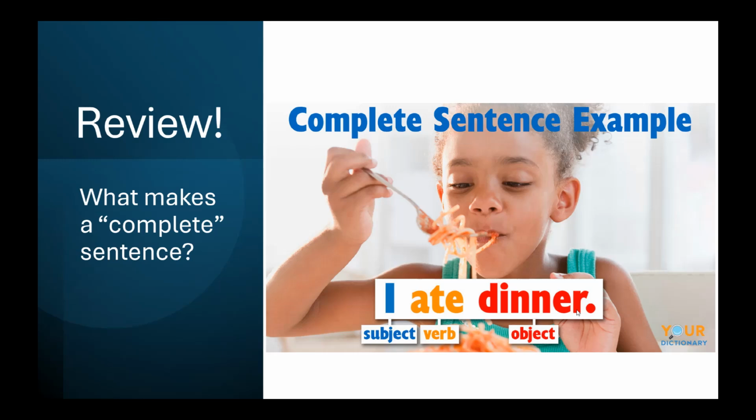Now, if you said a subject and a verb, you are correct, and often there is an object as well. And at this part in the lesson, I might stop to have you generate some of those while I write them on the board. That way we've got our functioning model in our heads so that we can use it to elaborate on it for new information.